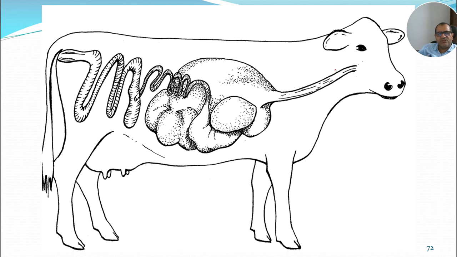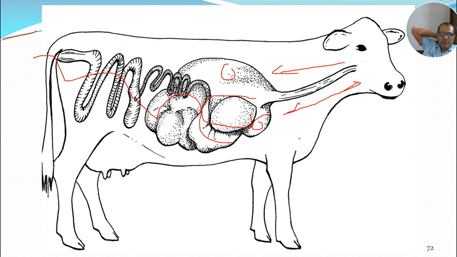So this is also another structure. Of course, the food is bidirectional. This is the only animal in which the food moves bidirectionally. The number one is swallowing, then regurgitation. So the rumen, then reticulum, omasum, then abomasum, then through the intestine it passes.